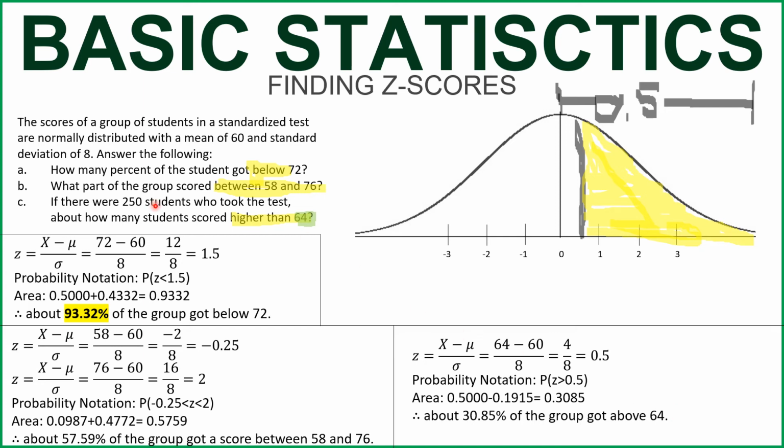So, 250 multiplied by 0.3085. You cannot multiply it by 30.85 kasi in percent form pa siya.